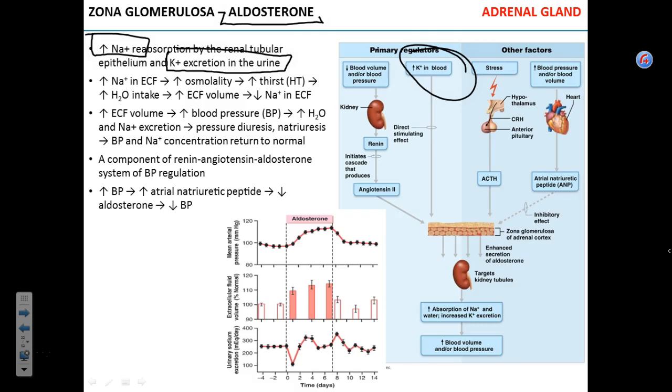So sodium concentration will be kept at the same level. It's the content of sodium in the body that will differ. Aldosterone will reabsorb sodium and bring more sodium into the blood. What will follow the sodium? By osmosis, water. Remember this phrase: water follows sodium.